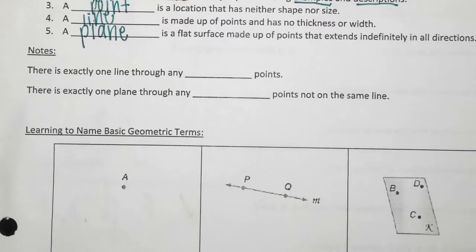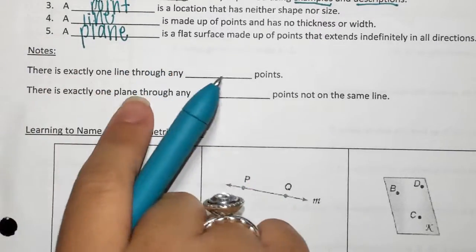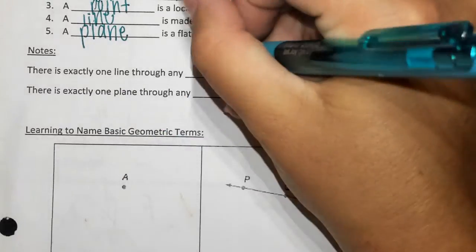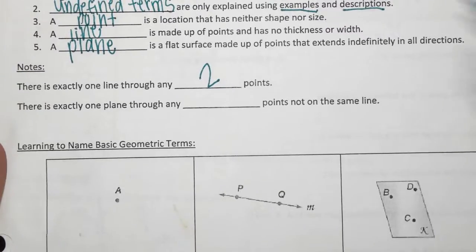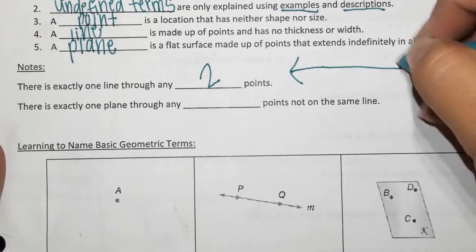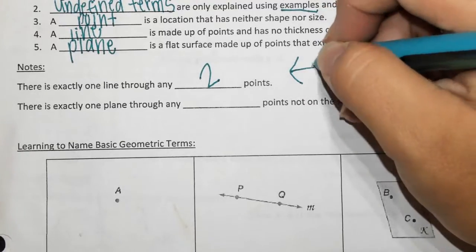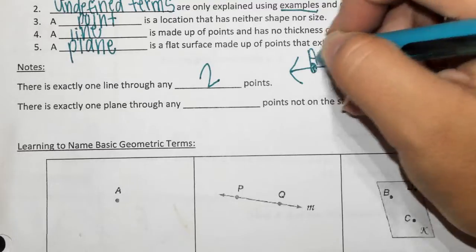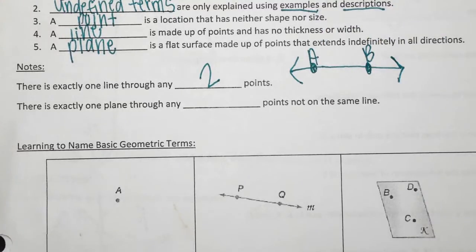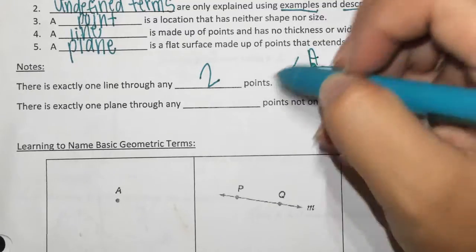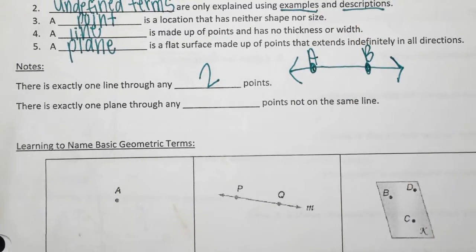Here are some key things. There's exactly one line through any 2 points. Let me explain that. If this is a line, this is line AB. If I draw another line right on top of it, exactly, how many lines would it look like?